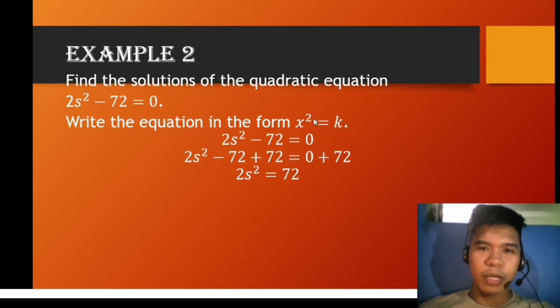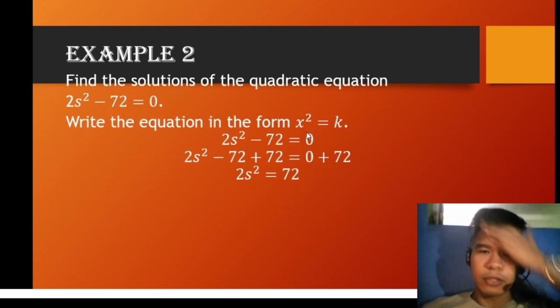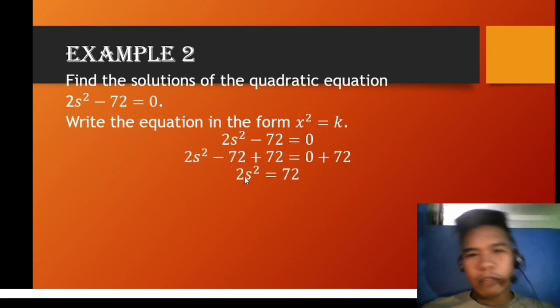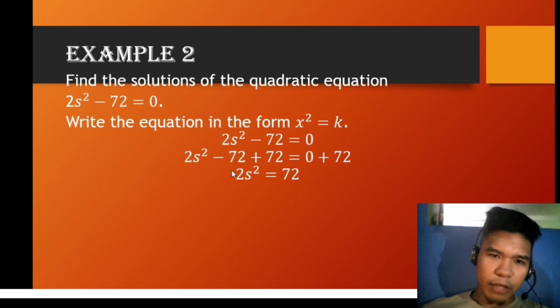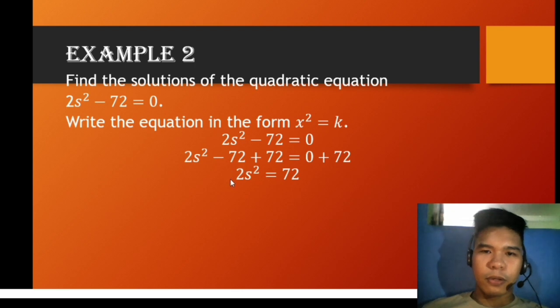So x squared here must not have a numerical coefficient. If you can see in the given, we have here the numerical coefficient of the quadratic term, which is 2. So we need to eliminate this. We need to use another property, which is the division property of equality.